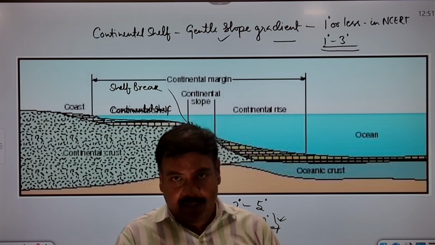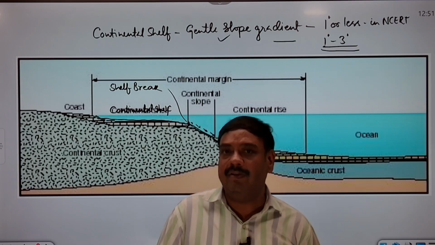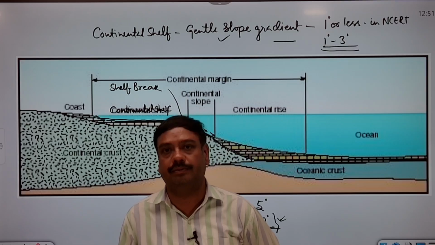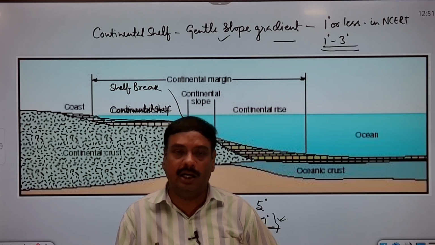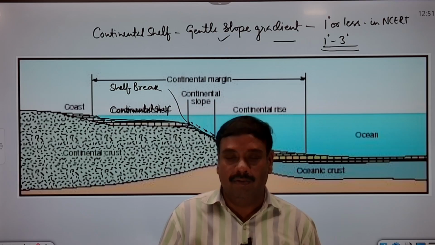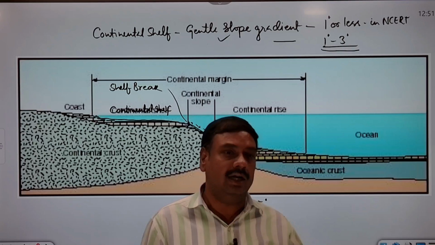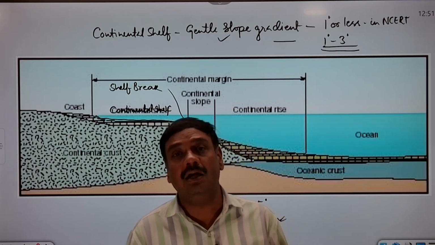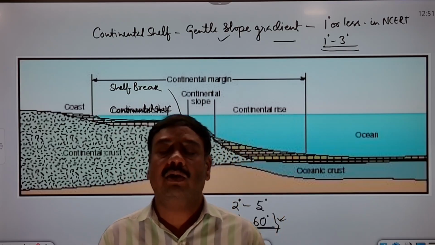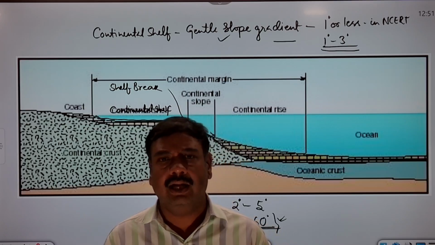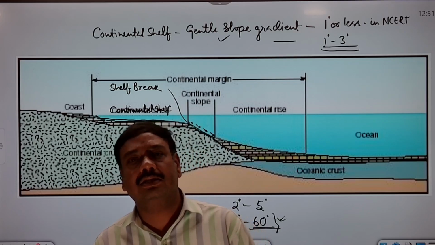The width of the continental shelf is found more where the marginal regions are plains, and narrow where the marginal regions have mountain ranges. Got it? In that way you can discuss the things.